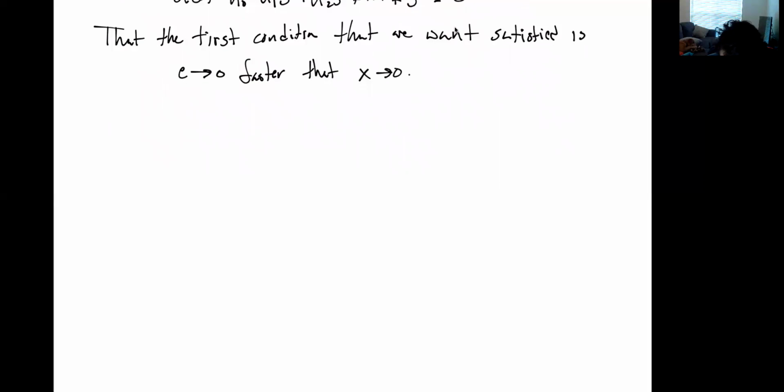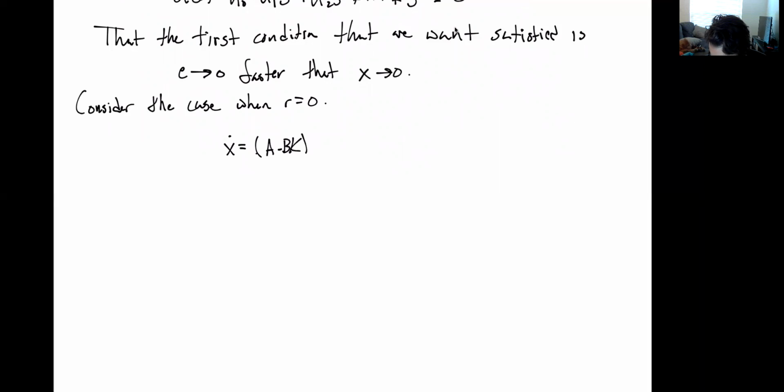So if we consider the case when the reference is equal to 0, then we get that our state has the following dynamics: A minus BK times X plus BK times E, right?